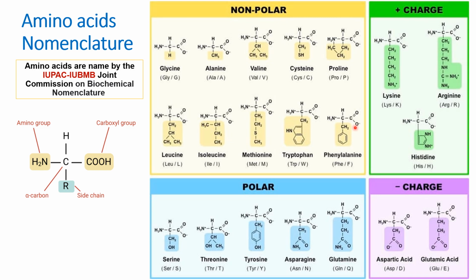So there are 20. So we know we have 26 alphabets, except for 6 alphabets, all other alphabets are written here. And it is very easy for us to remember these names and their single letter abbreviation. So the best way to keep in memory these 20 amino acids is to remember them by their classification, that is neutral, acidic, basic.